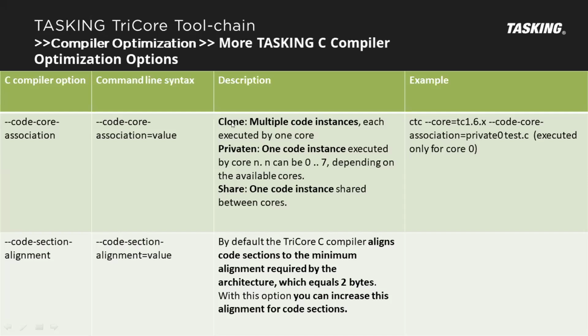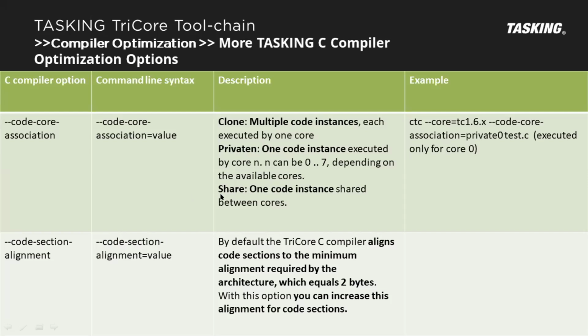Clone means multiple instances of this code will be associated with every core, so every core will get its own instance of this code. For the second option, private with a number beside it, one code instance exists, and it will be executed by one core only.